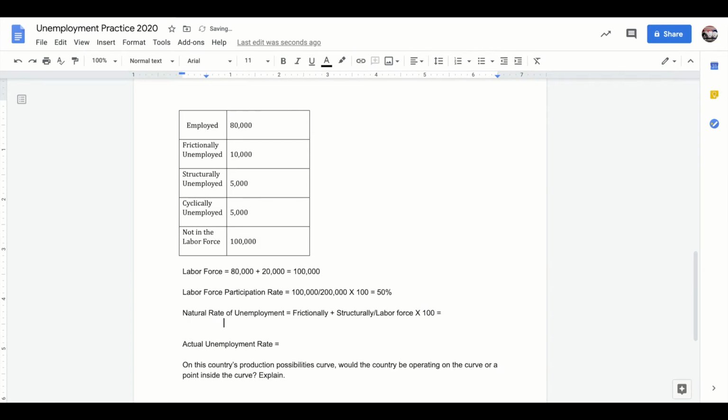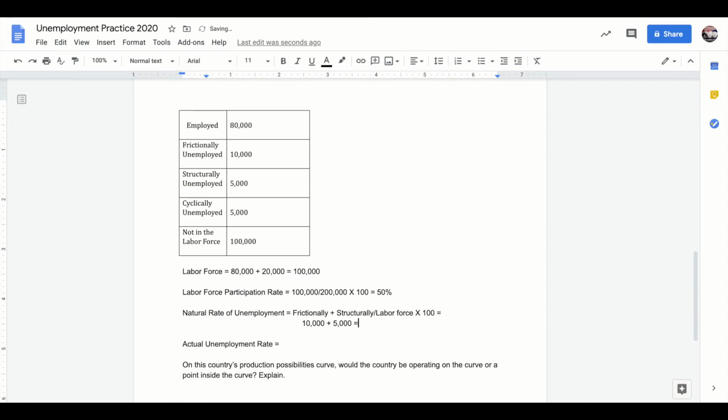Frictionally unemployed are 10,000 people. Add to that our structurally unemployed, which was 5,000 people, divided by our labor force.